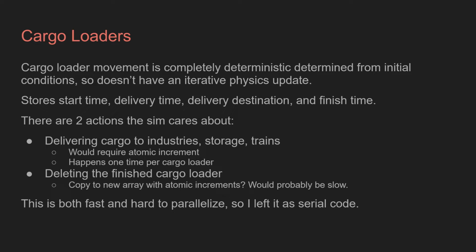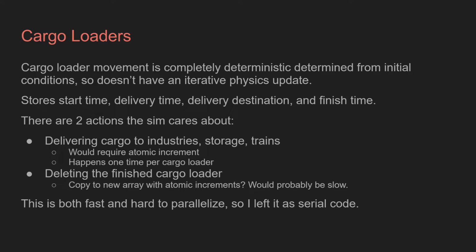This brings us to the next step, which is updating the cargo loaders. This is perhaps more interesting because of its simplicity than anything else. For most of the time, a cargo loader doesn't need any update because its movement is completely deterministic, and so there's no update to position or anything like that. It's entirely implicitly defined by its starting time and ending time.